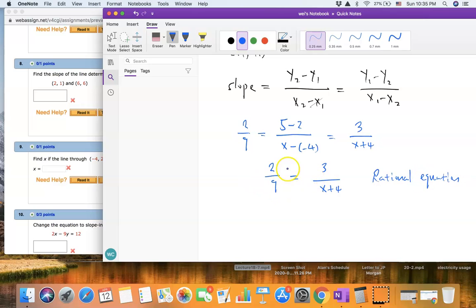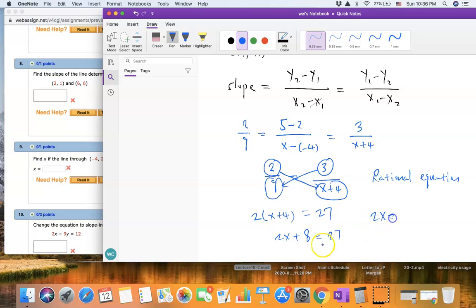We can solve it by multiplying 2 by x plus 4, and we multiply 3 by 9. So 2x equals 19. x equals 19 over 2.